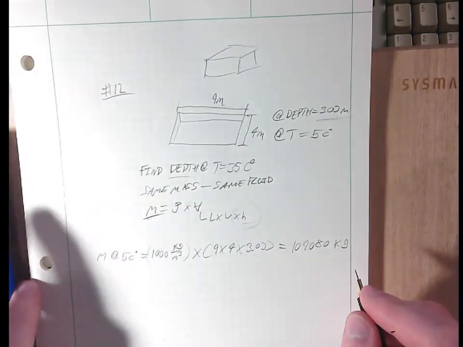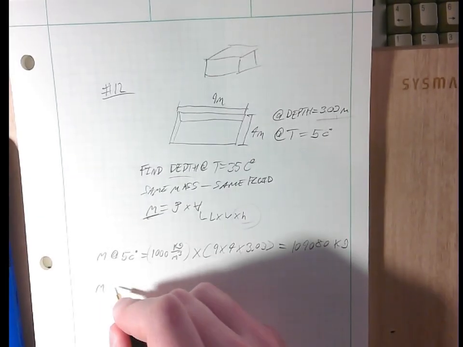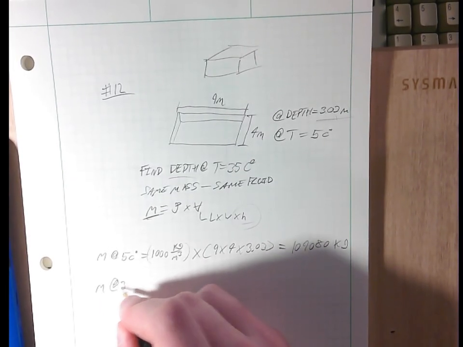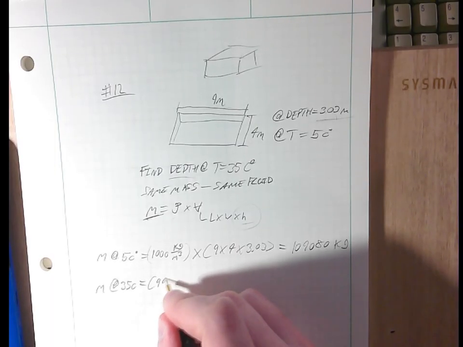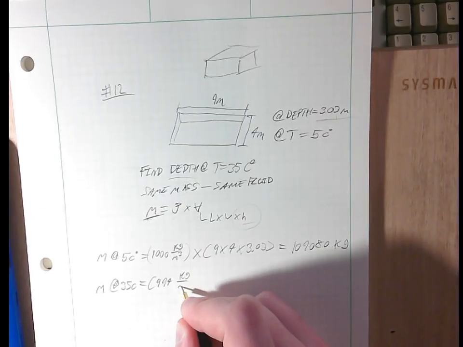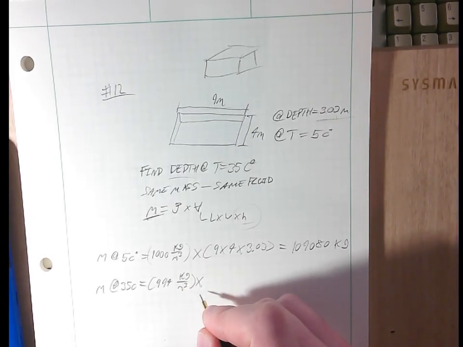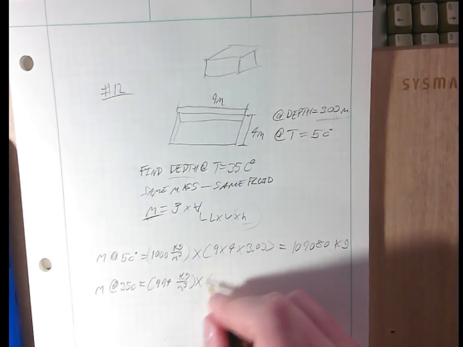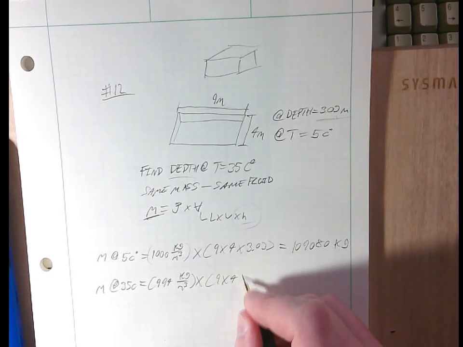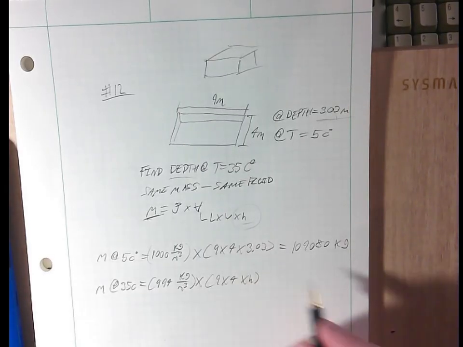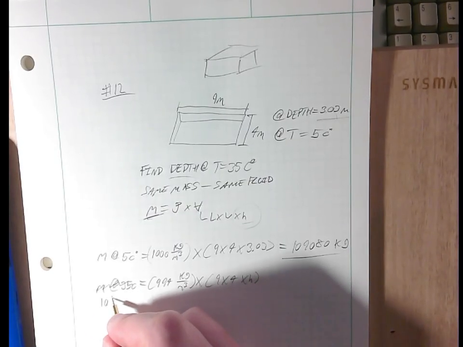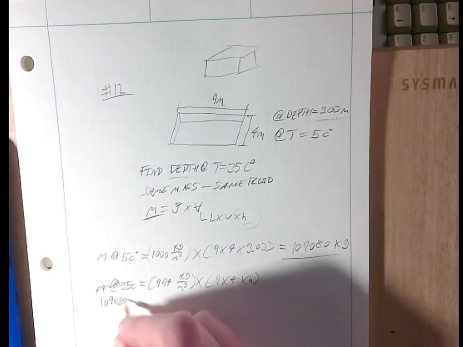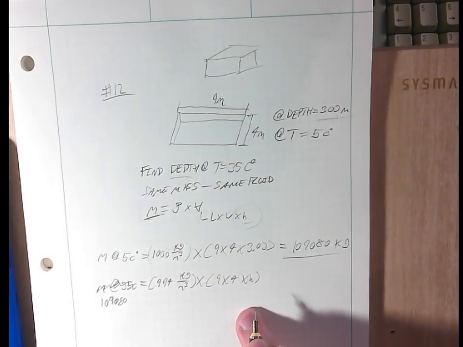That's in kilograms. And now the m at 35 C is going to equal, well, at 35 degrees, 994 kg per meter cubed times 9 times 4 times h. Now remember that this mass is the same as this mass. So what we can say is that 109,080 is equal to this.